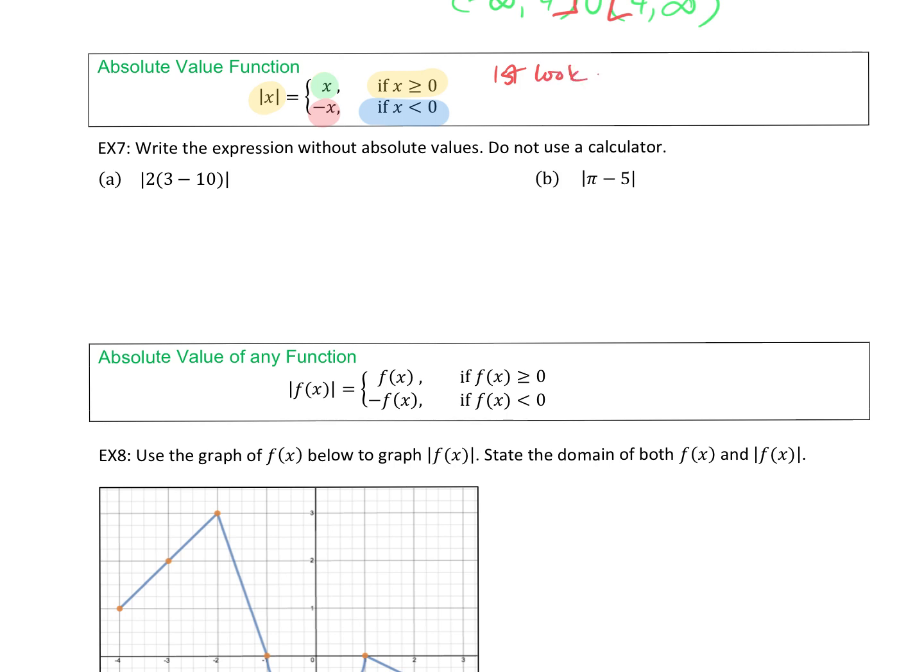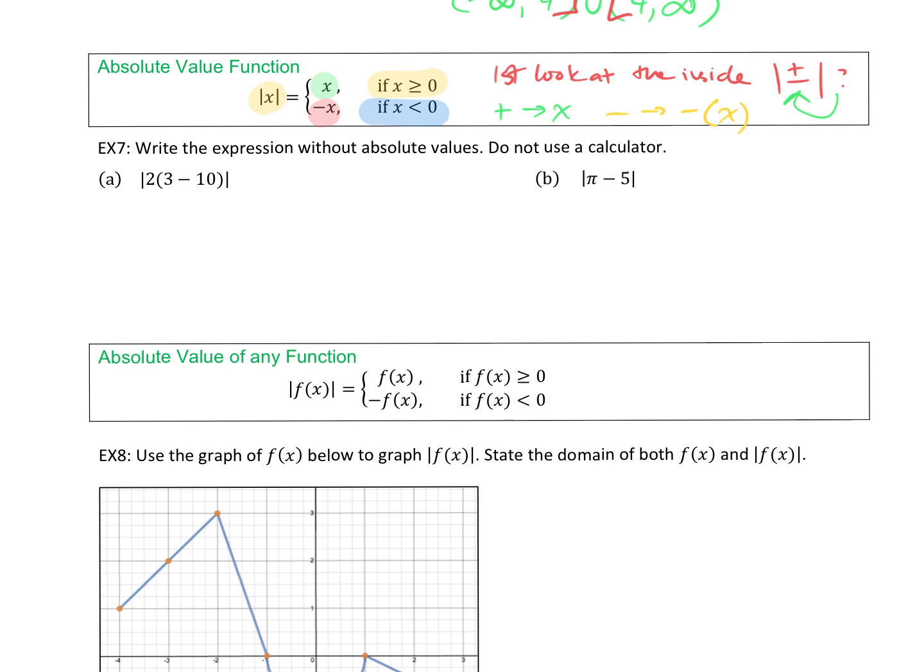So look at the inside sign. Is it a positive or is it a negative? The thing on the inside. When you discover it's a positive, you can just keep it as the regular value x. If what you discover on the inside is a negative, then you're going to need to change that to the opposite of the value. So let's take a look at our problem first.